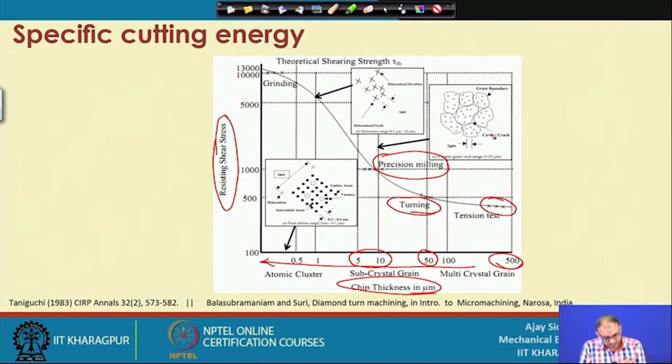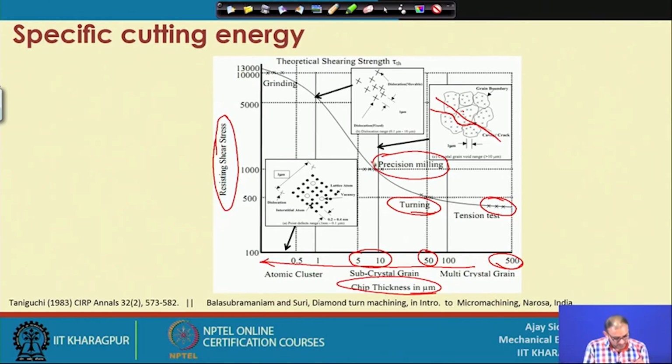So, the primary thing is that it will pass through the grain boundary, and if some grain is coming in its way, that means it will cut the grain also. At that time, whatever voids and other defects are available inside the grain will play an important role in propagating the material. So, this is what is shown here in this case.